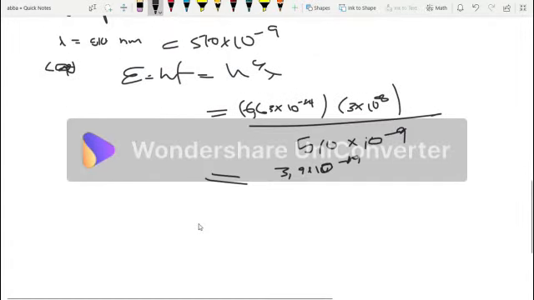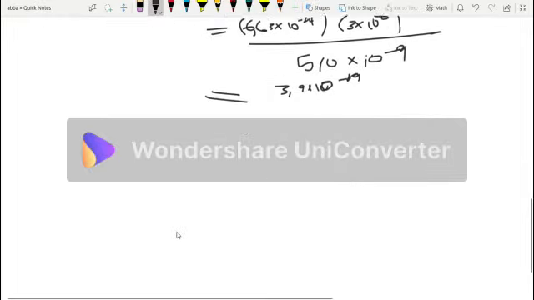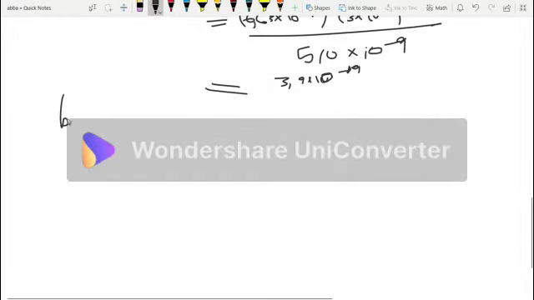Now we have number B. With B, they said to use the work function. We have the work function that is being provided for us, I just did not post it for you guys. I'll post it sometime later. They said to determine the material that is released from that.